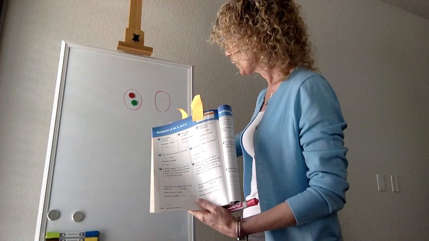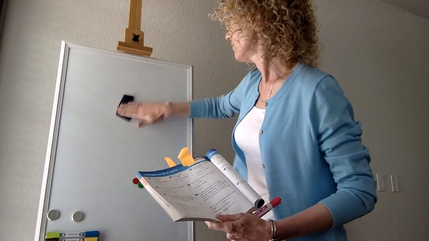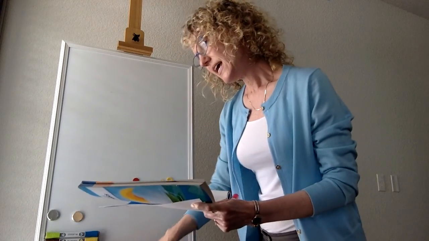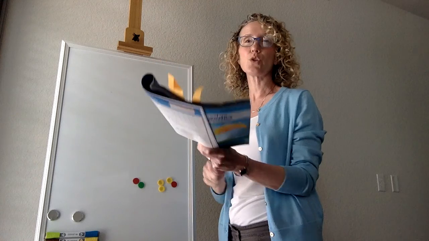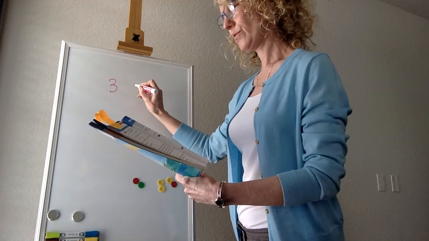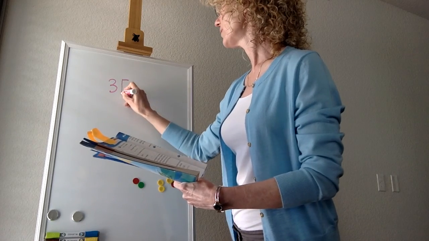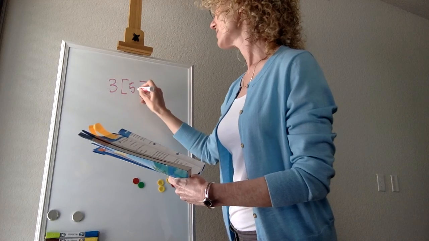And I'm going to move these out of the way and erase. And so then number 1 says this: how many is 3 5s? And it's written like this: 3, then with brackets around it like that, 5s.